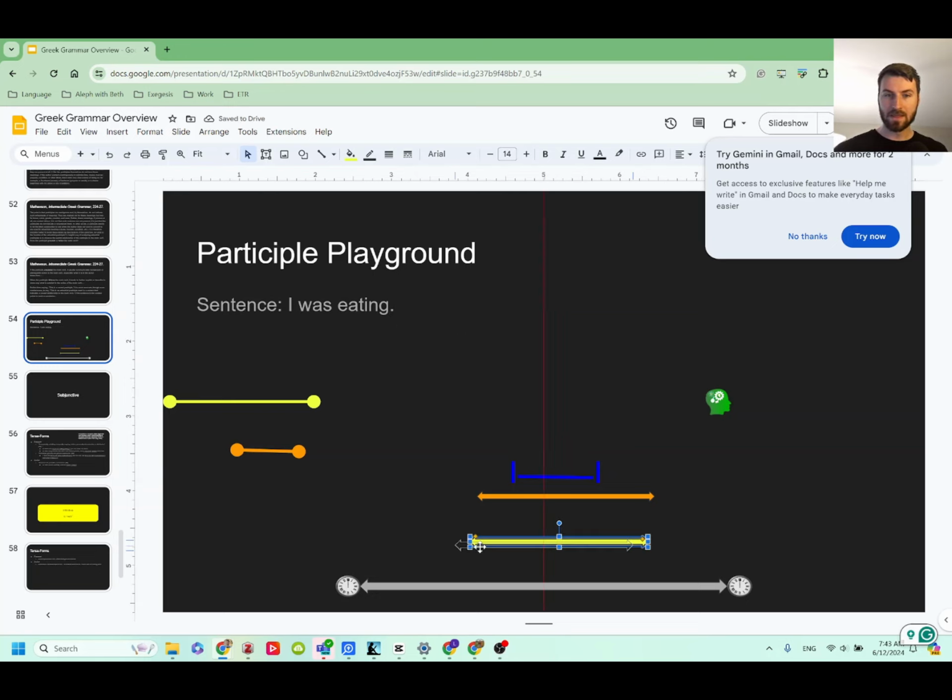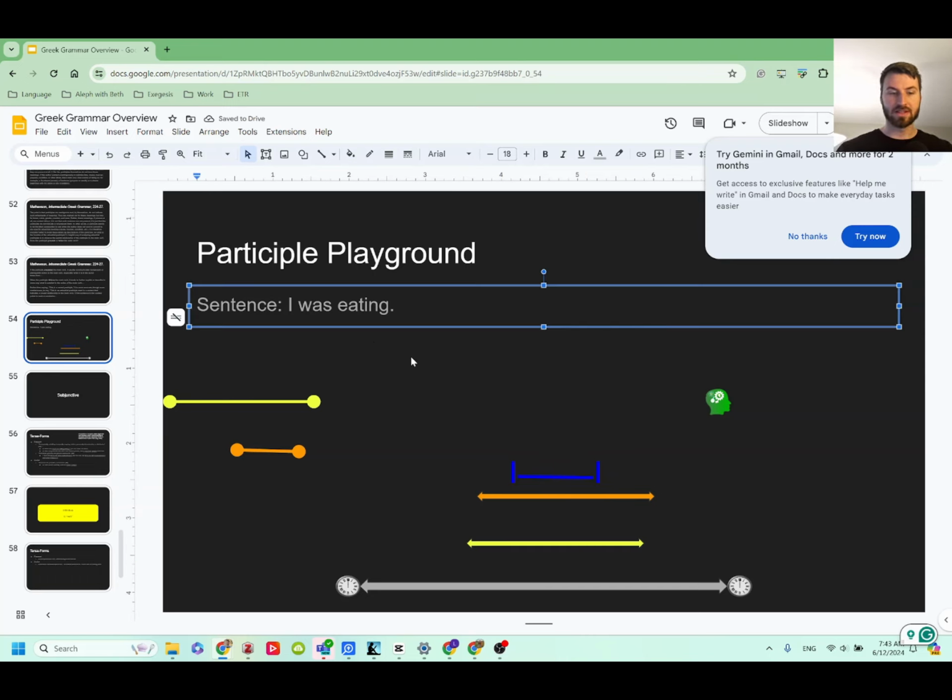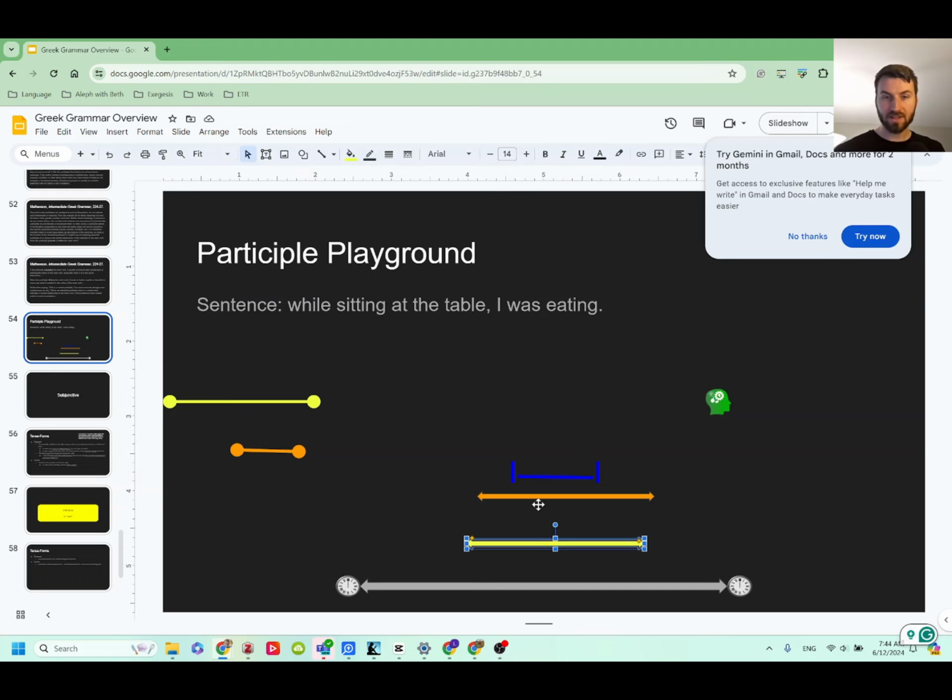But with the present participle, I'm giving something in the imperfective aspect, so the ongoing aspect. So we would say something like "while sitting at the table, I was eating." That would be the present participle because we're using this imperfective aspect.